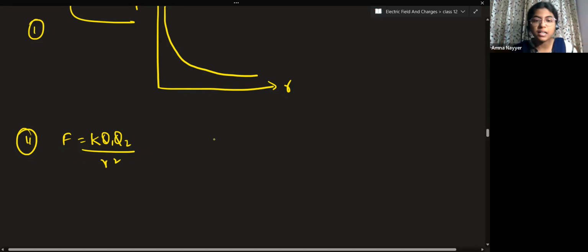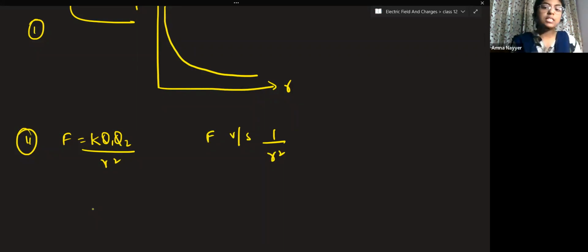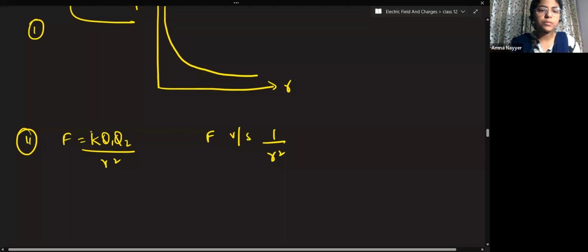Regarding the second part, it is asking us force versus 1 by r square. How is the force varying with 1 by r square? It is directly proportional. Force is inversely proportional to r square, but force is directly proportional to 1 by r square. From this relation, k, q1, q2 are constant. Force is directly proportional to 1 by r square.